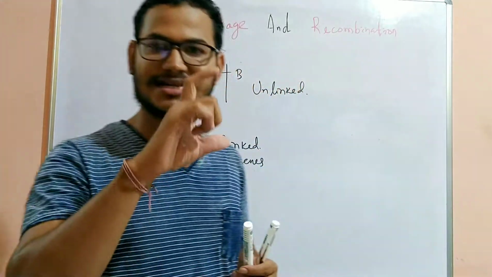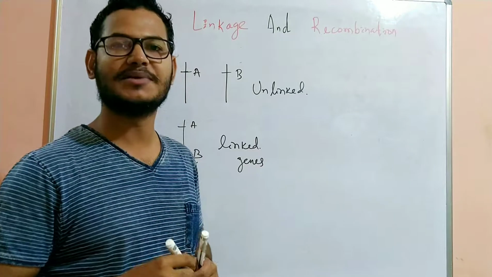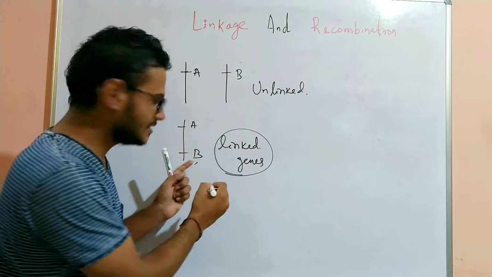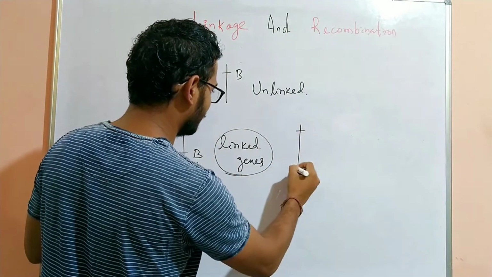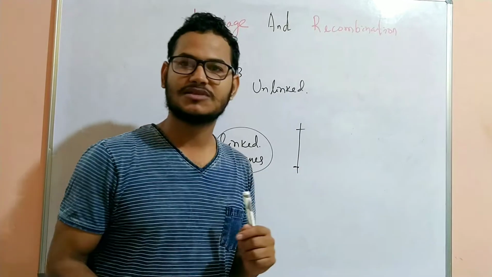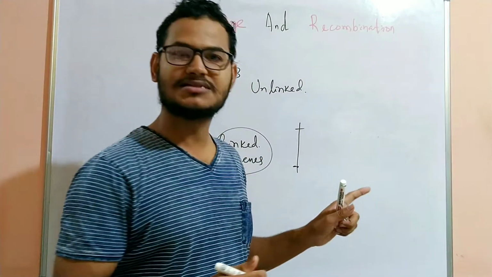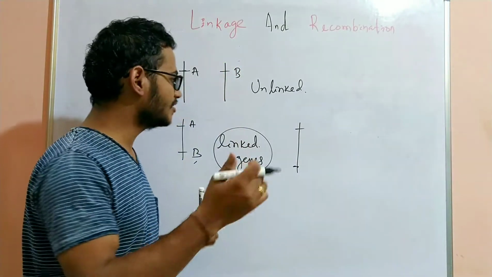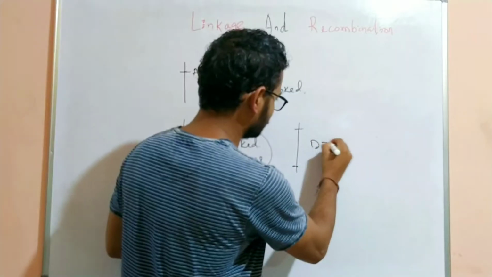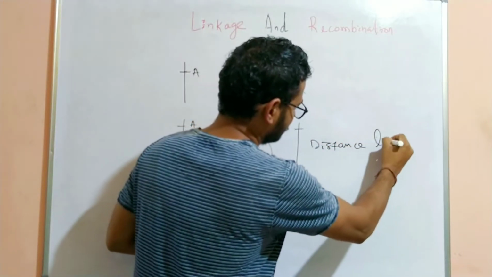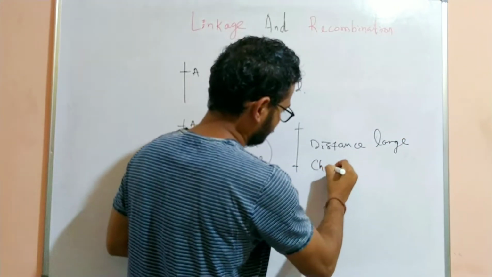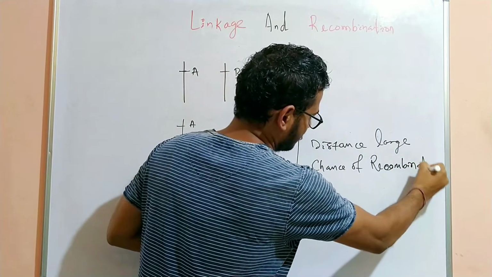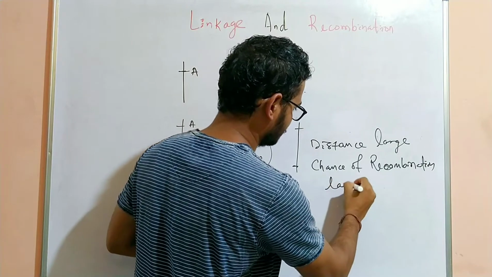So when the distance is large between the genes, the chance of recombination is large. They are called linked genes when the genes are present in a single chromosome, but when they are far away from each other, the chance of recombination is more, meaning the chance of linkage is less. So when the distance is large, the chance of recombination is also large.